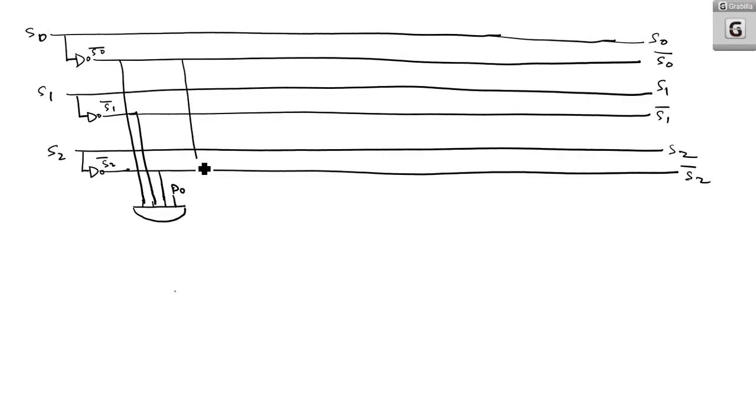S0 bar, S1 bar, S2, we have an AND gate here, and here we have D1. Next one is D2. What is D2? S0 bar, S1, S2 bar, and comes D2.